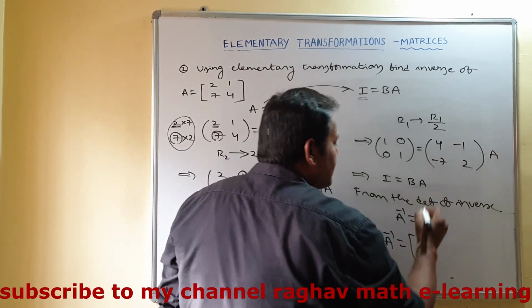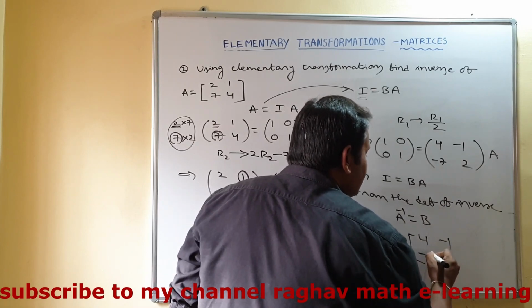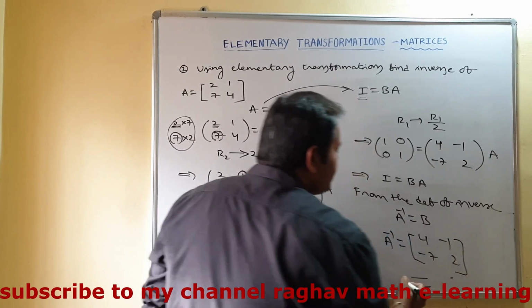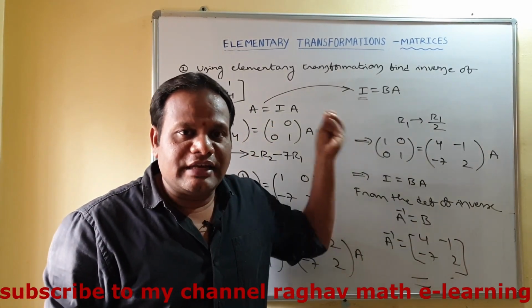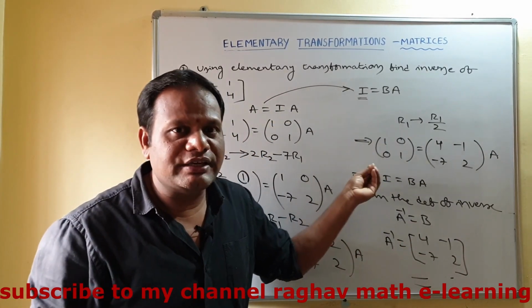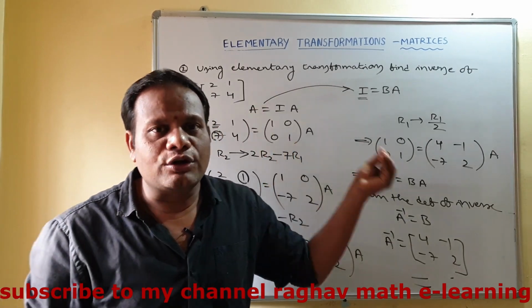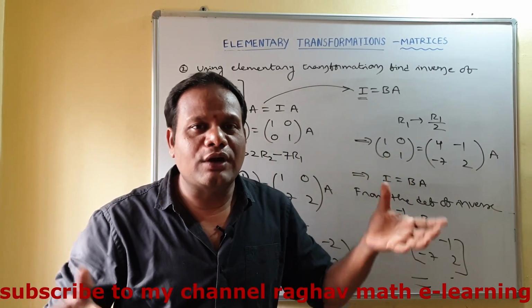That is 4, minus 1, minus 7, 2. So this is the procedure to find the inverse of a matrix using elementary row transformations. Hope you understood this.